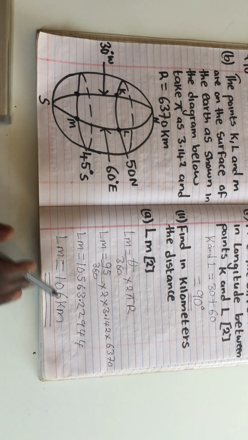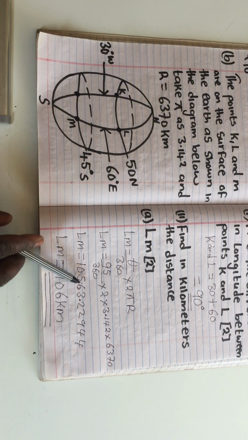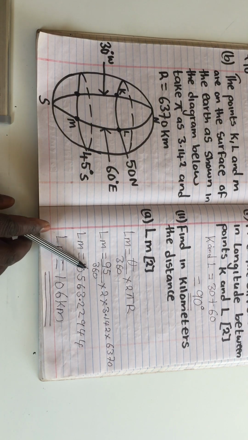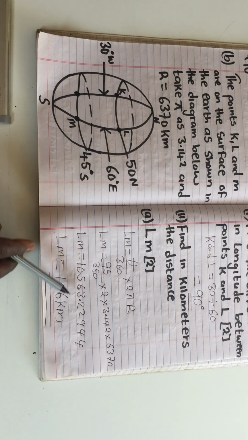You don't leave it whole, just leave it to 3 significant figures, because in the question paper they say if it isn't specified, leave your answer to 3 significant figures. And a 0 in between numbers is a significant figure. Be careful with it. A 0 only at the end is not a significant figure.